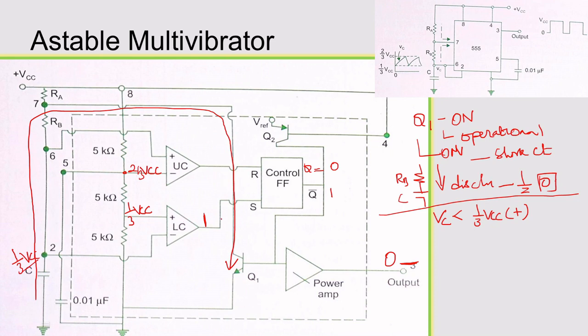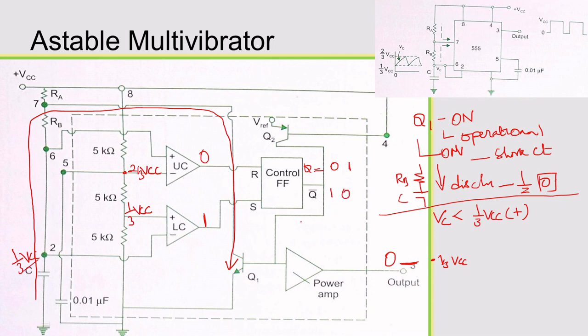Understand? Getting a logic of 1. So what is the current capacitor voltage? Precisely less than 1/3 VCC. So now we will be getting logic 1, and this will be 0. If set is 1, Q will be 1 and Q bar will be 0.